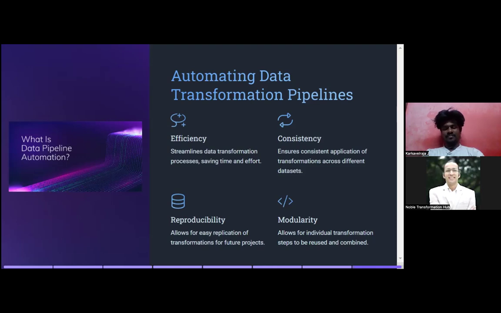These four major benefits, efficiency, consistency, reproducibility, and modularity, help the entire project and pipeline.